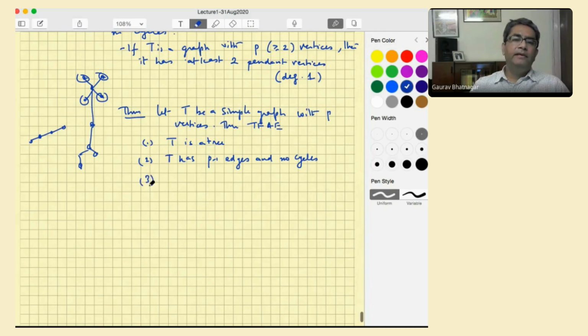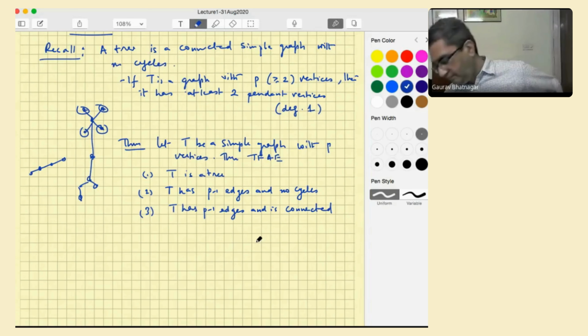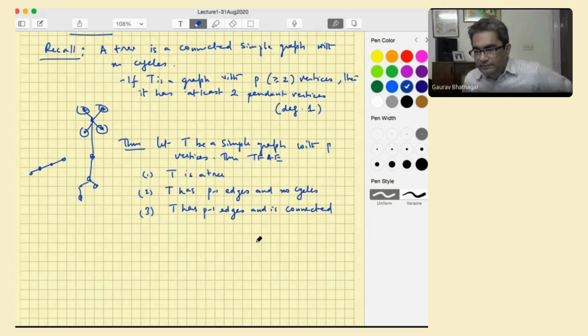And three: T has P minus 1 edges and is connected. Okay, so this is a characterization theorem for trees.